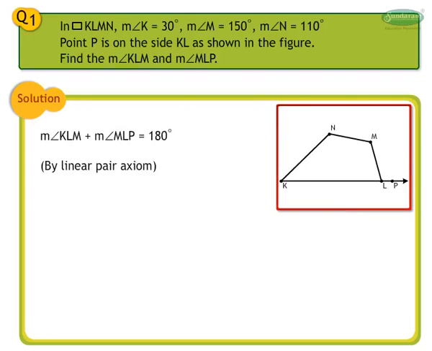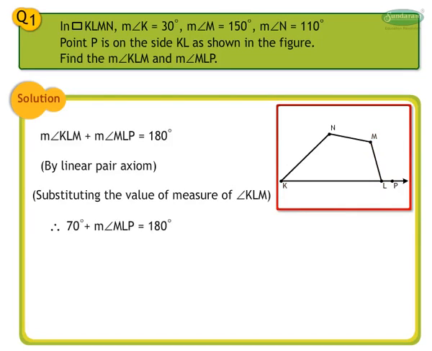By linear pair axiom, measure of angle KLM plus measure of angle MLP is equal to 180 degrees. Substituting the value of measure of angle KLM, 70 degrees plus measure of angle MLP is equal to 180 degrees.